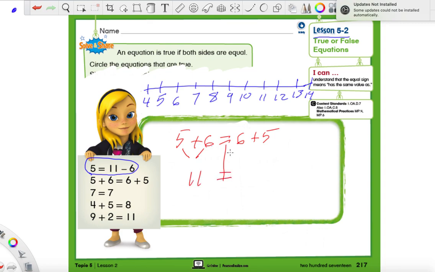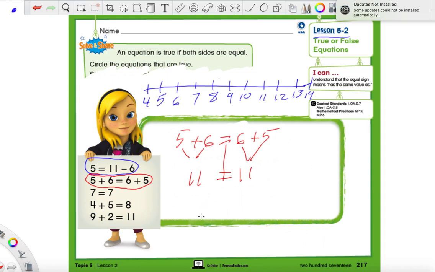Let's see. Well, let's check it. 6 plus 5. Start on 6. 1, 2, 3, 4, and 5. I landed on 11. So is 11 the same thing as 11? It definitely is. So should we put a circle around this very long equation, or put an X on top? We're going to circle it because both numbers are the same.